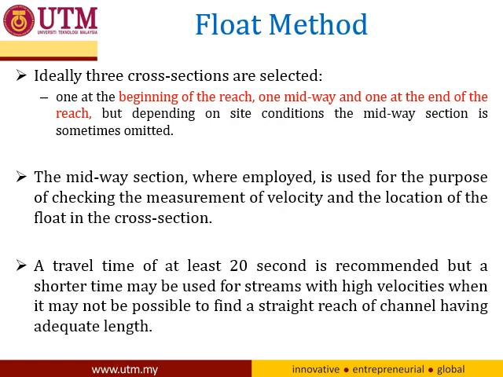So the beginning, middle, and end, but depending on site conditions, the midway section is sometimes omitted. Remember, if you want to measure this, we need a straight river, not a meander, with no backwater. So sometimes it's difficult to find the right section for measuring it.